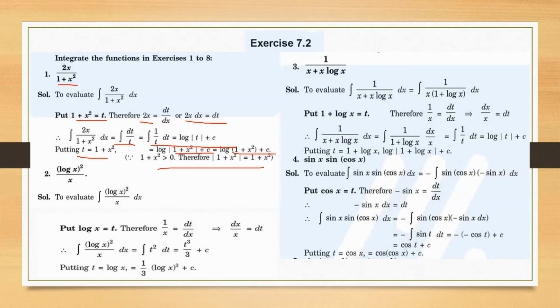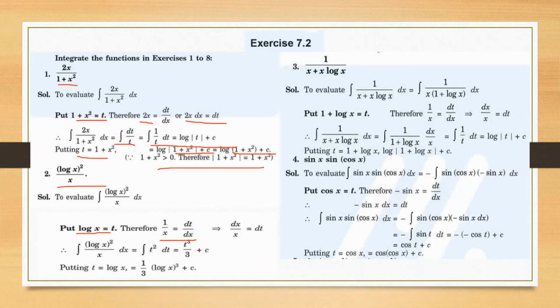Now see, it is not always that only the denominators are substituted. Substitution is for that whose derivative is present alongside or near it, either in the numerator or in the denominator. So in this question, I'll put log x as t. Why? Because its derivative is 1 by x, so 1 by x dx equals dt.